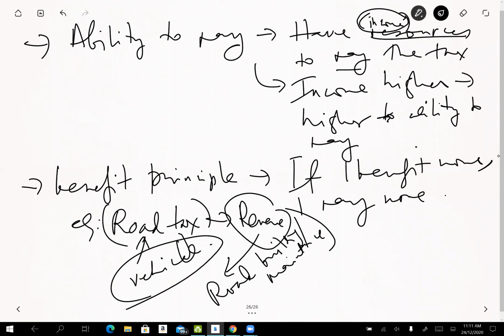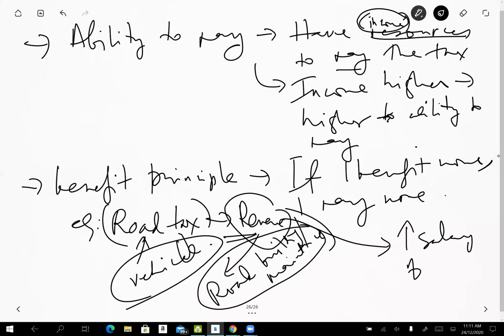The money from the road tax should be used for road maintenance, not to increase the salary of government officers. It should go back to that market. That is what you call the benefit principle.